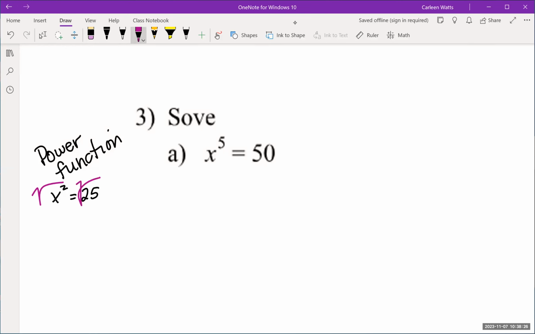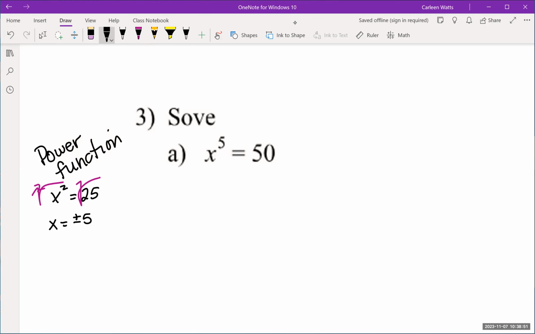Now notice there's nothing right here, but that is implied. There's really an invisible 2. So I would take the square root of both sides. I would get 2 answers, plus or minus 5.